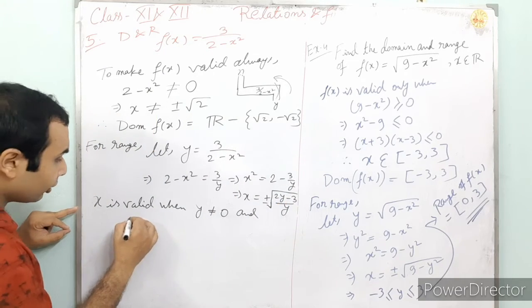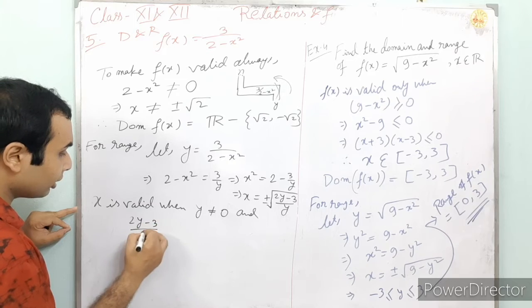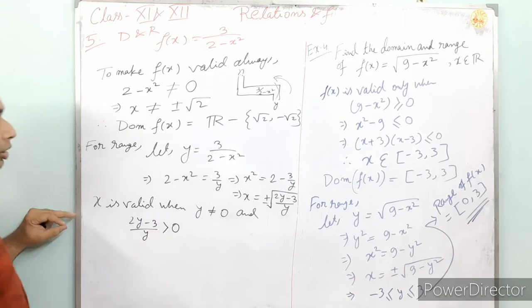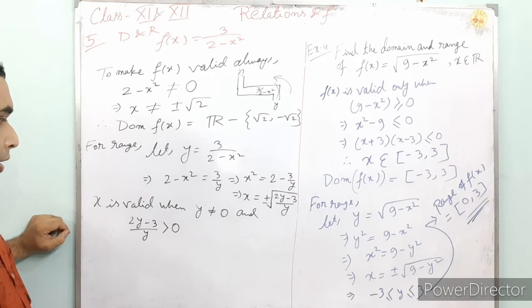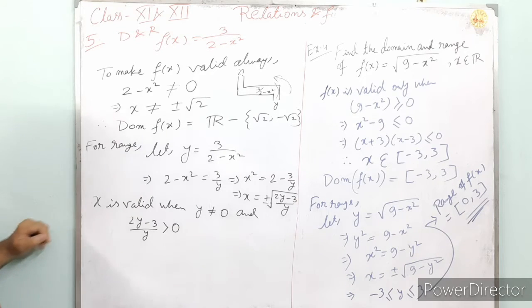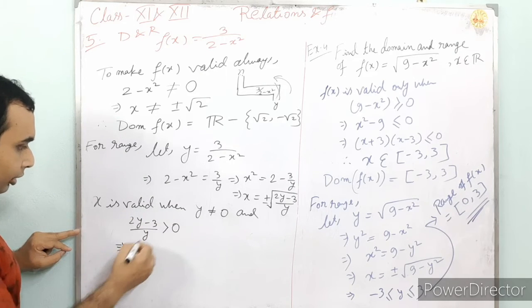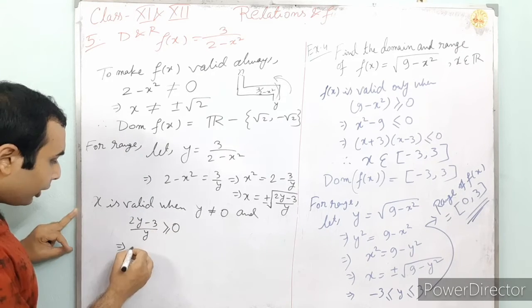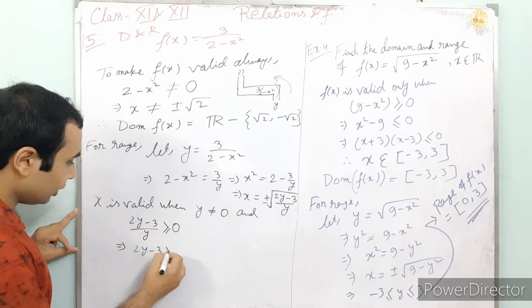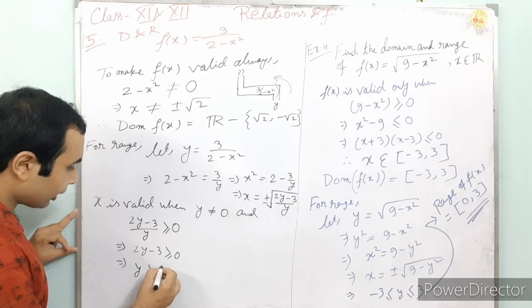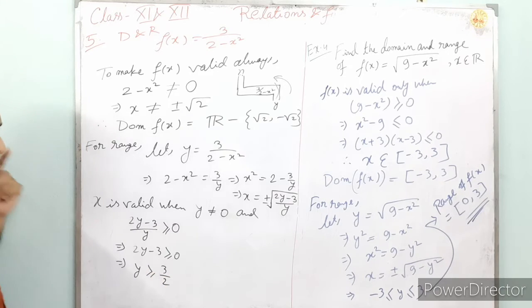So here, (2y minus 3) by y is always greater than or equal to 0. From here, 2y minus 3 is greater than or equal to 0 implies that y is greater than or equal to 3 by 2.